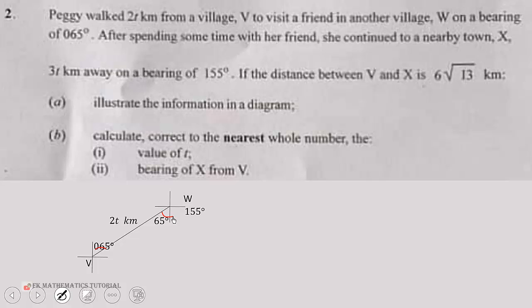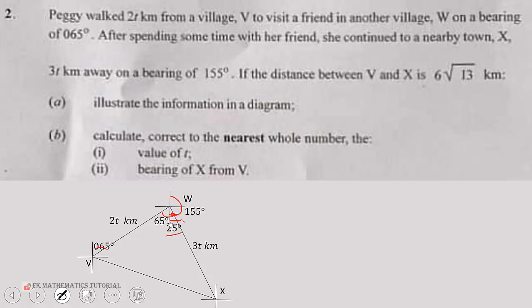Then again, we're told that she continued on a bearing of 155 degrees to town X, and the distance is 3t kilometers. So from here to here is supposed to be 180. You take 155 from 180, which gives us 25. It means this small angle here is 25 degrees.